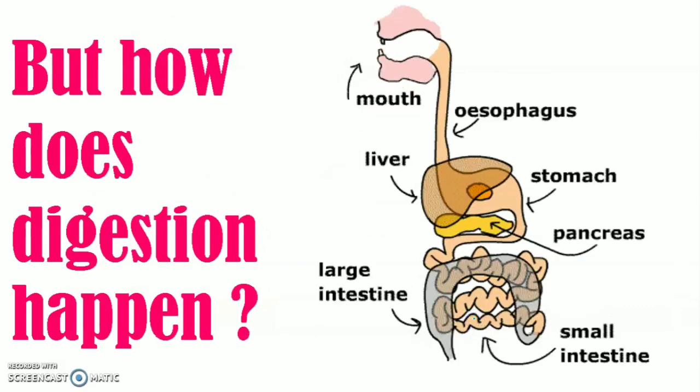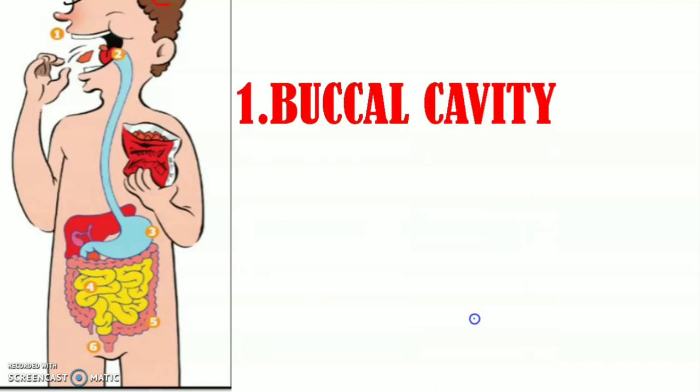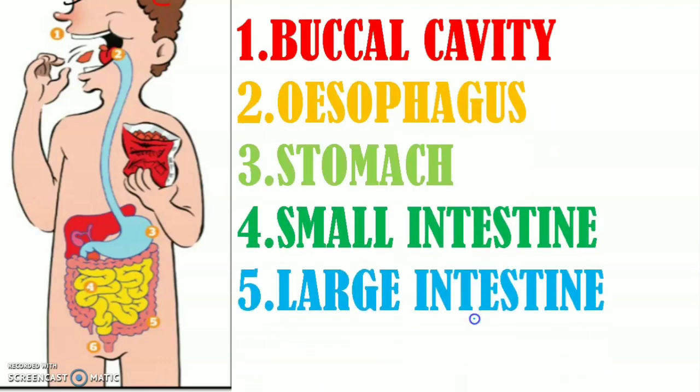But how does digestion happen? So as I told you, first the food goes through the buccal cavity, that is your mouth.